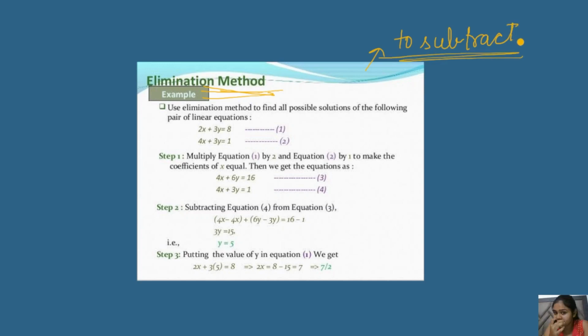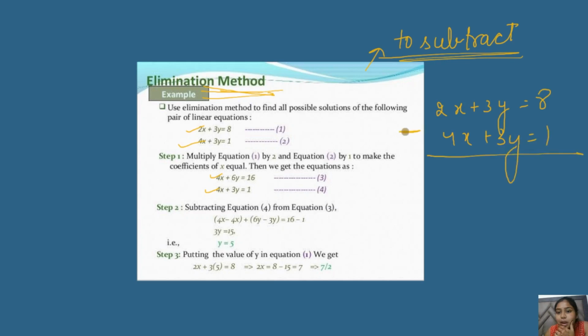First of all, for either variable x or y, you have to make sure that both equations have the equal coefficient. Like these particular equations, 2x plus 3y equals 8, and 4x plus 3y equals 1. You know that 3y and 3y are already the same. Then to subtract, as I told you, you just have to change the signs. This will be cancelled out. You will be getting minus 2x equals 7, right?